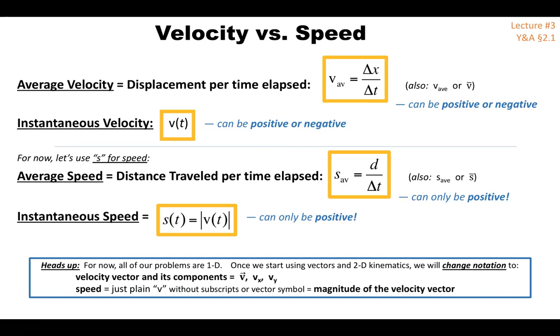S will be used for other things, maybe path length, or once in a while for other quantities. Rarely will it be used for speed after this unit. So I'm going to use it for now for lectures 3, 4, and 5. We'll use S for speed for now, but not for much longer.